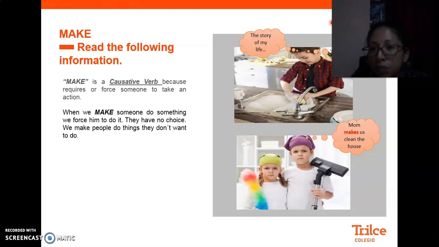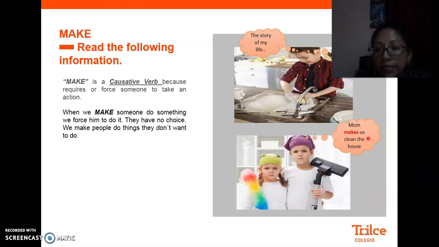Mom makes me do the dishes. This boy doesn't like to wash the dishes. But his mom makes him do the dishes. Look at these two children.